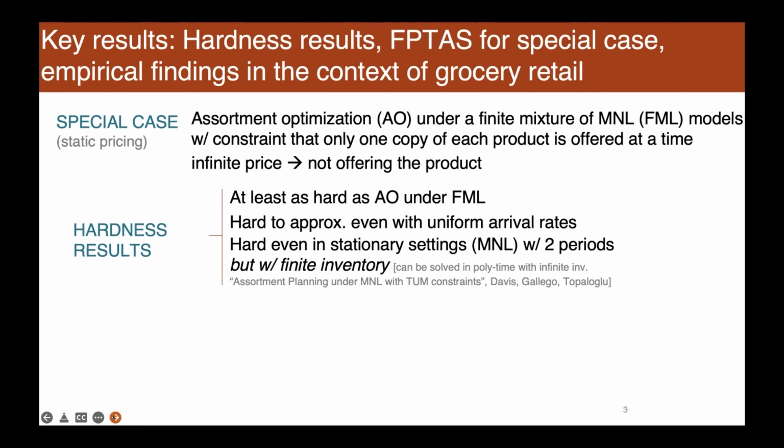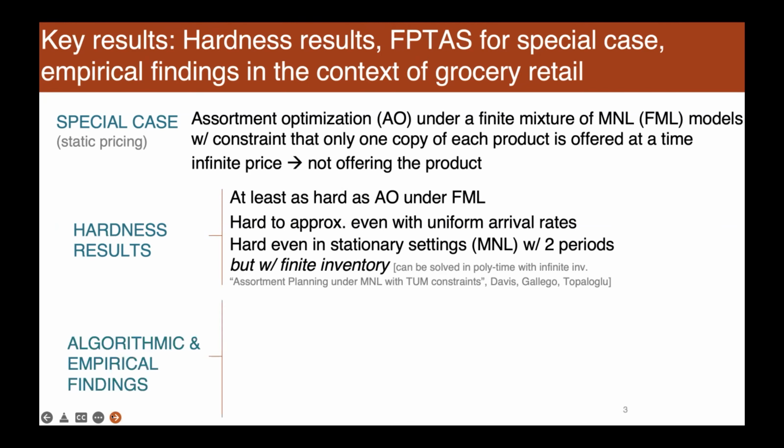For the MNL model, the optimal pricing problem is known to be solvable when it is a continuous price. But when you have discrete prices, that is also known to be solvable using an LP. A good reminder for us to have.